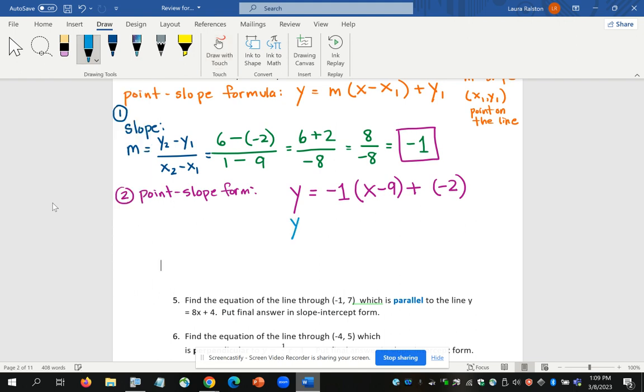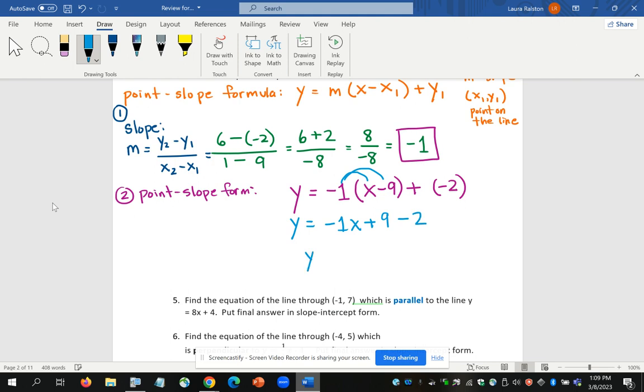So I'm going to do y equals negative 1 times x is negative 1x. Negative 1 times negative 9 is positive 9, plus negative 2 is the same as minus 2.